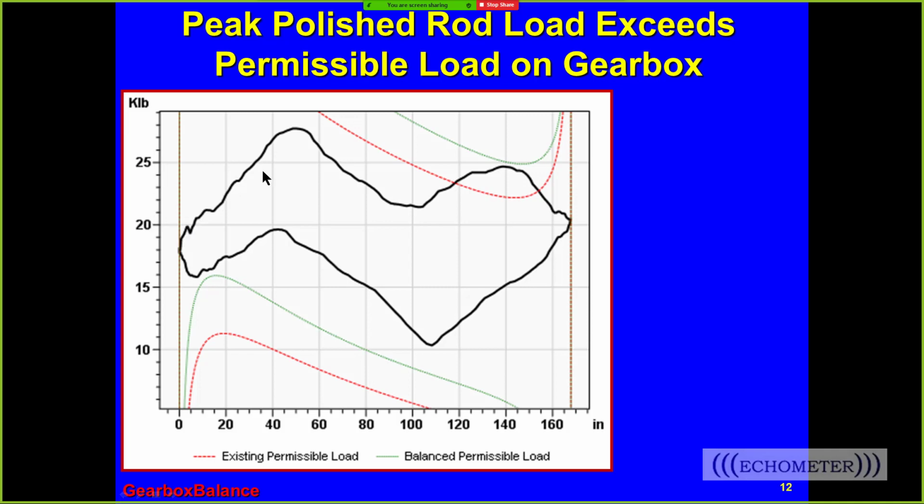This is the upstroke right here, this is the downstroke, and this is a Mark II pumping unit, and usually these pumping units have a much lower minimum load than conventional units because it goes faster on the downstroke. The red dashed line is the existing permissible load, and if the black line goes above the red line, then the gearbox is being damaged due to overload.